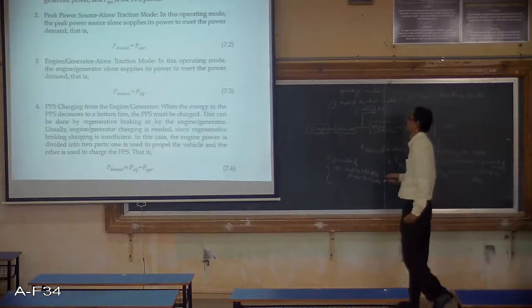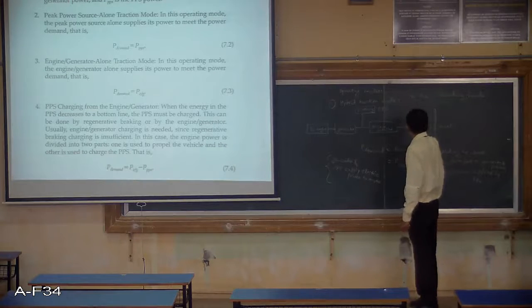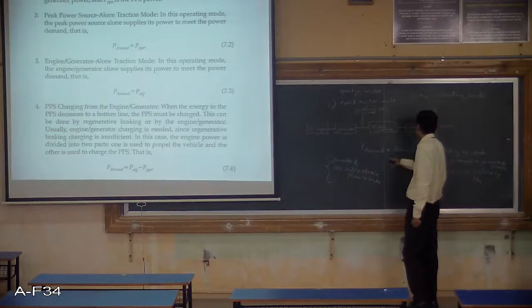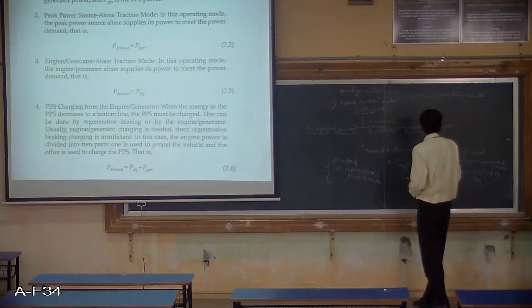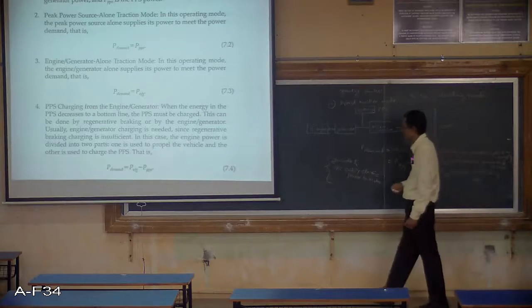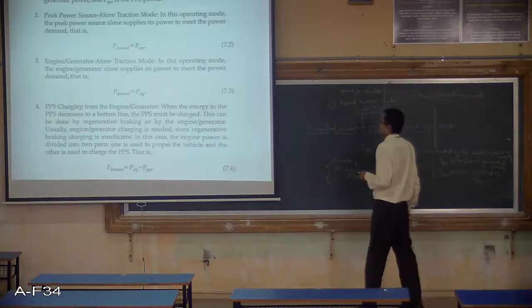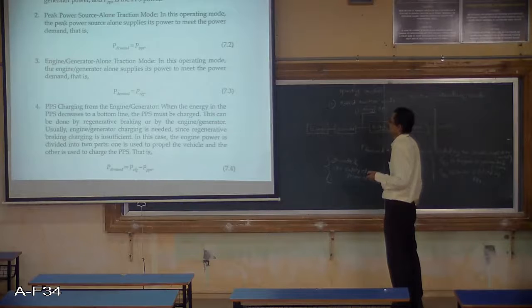Now here, under these conditions, the demand power is supplied to the motor. This demand power is supplied by the motor. And in this case, usually engine generator charging is needed, since regenerative braking charging is insufficient.